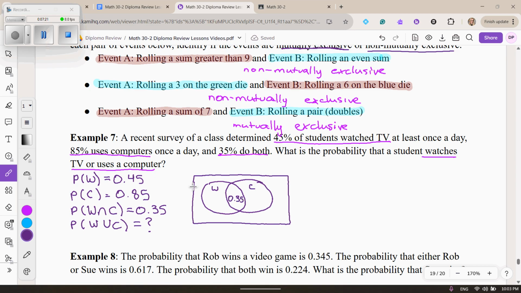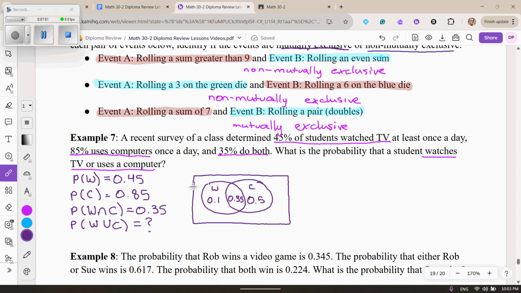So 0.35 do both. The 0.45 and 0.85 can't go directly in there. We have to subtract the 0.35 from them. So the watching TV part will be 0.1, so that whole circle adds to 0.45. And 0.85 minus 0.35 gives me 0.5 for this one.